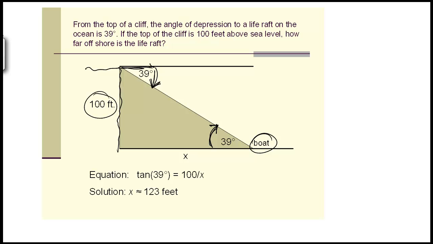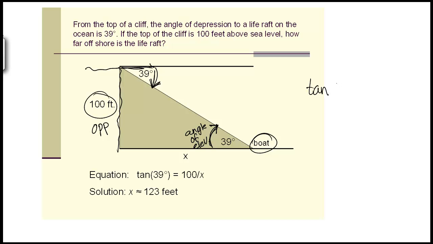So I have the angle from the boat to the top of the cliff, and the 100 feet is opposite of the angle of elevation. And I want to know from the base of the cliff, how far is the boat? If you have a problem where the hypotenuse is not being used, then you're always going to use the tangent ratio.